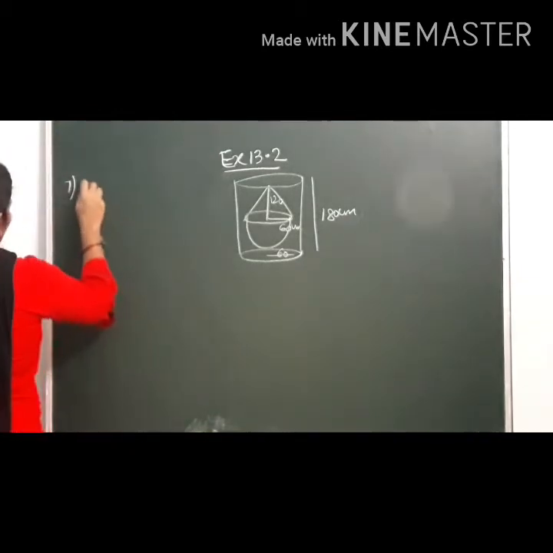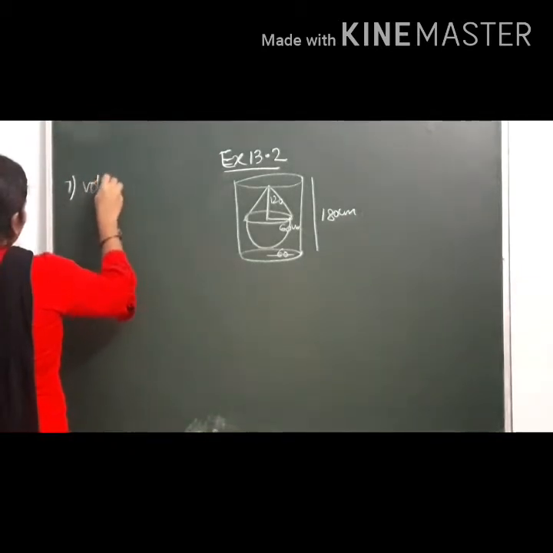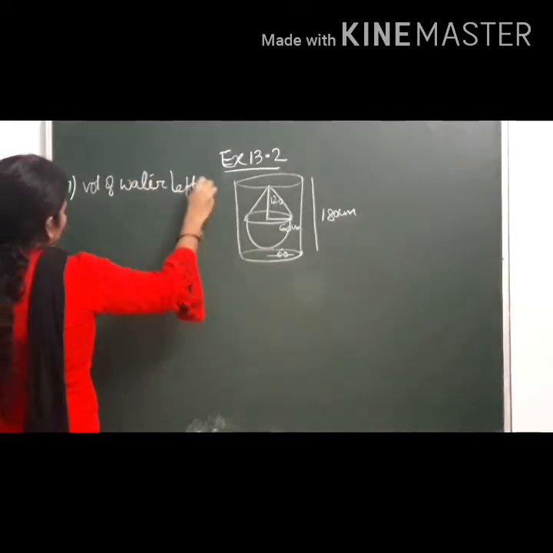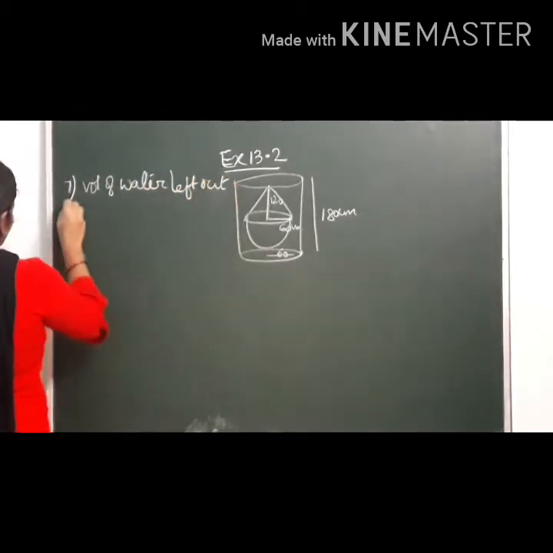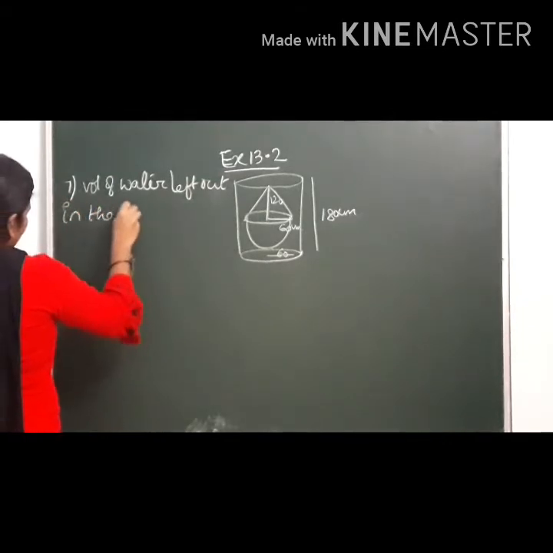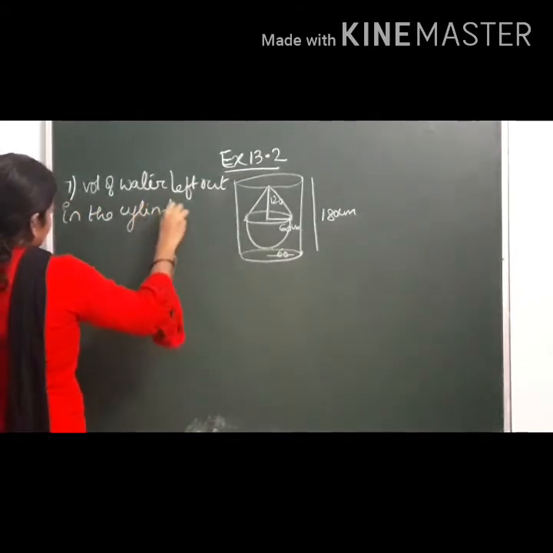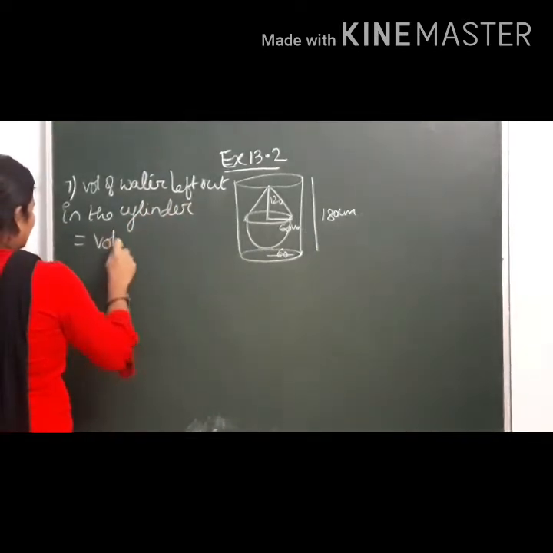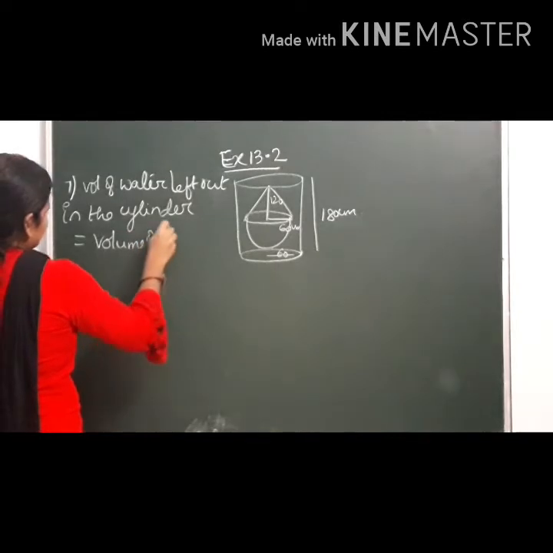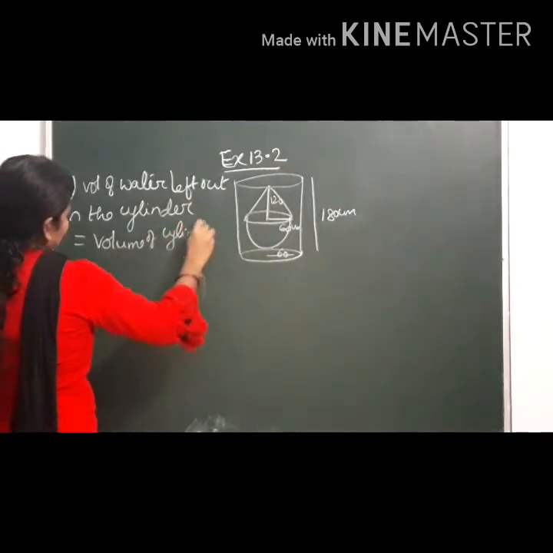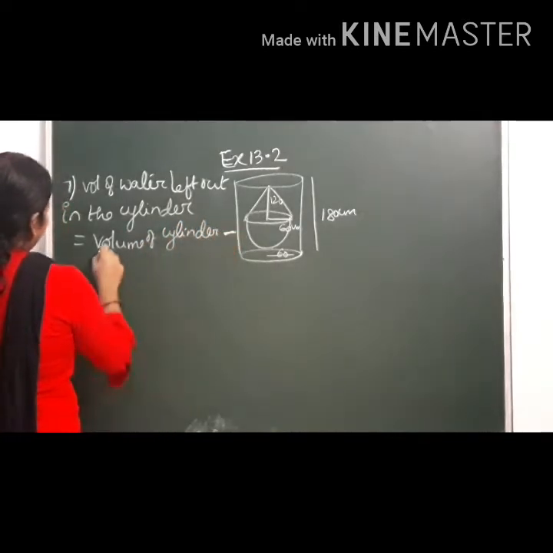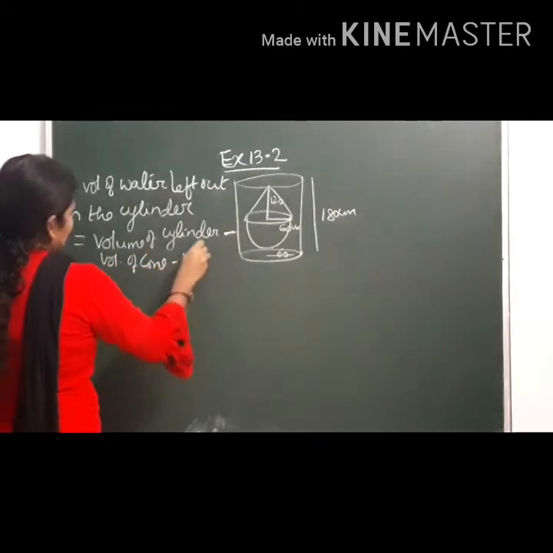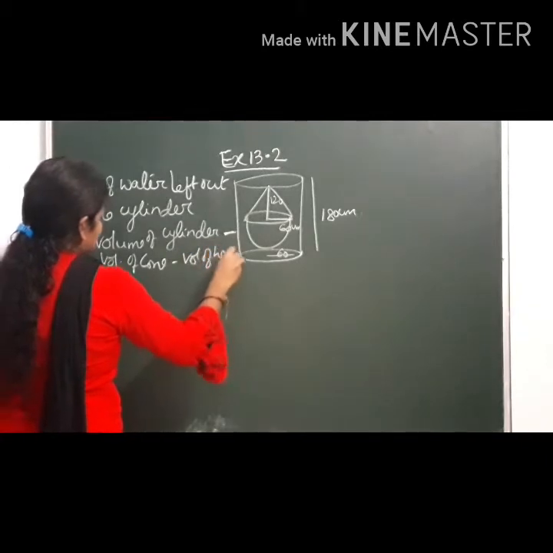The formula is volume of water left out in the cylinder equals volume of cylinder minus volume of cone minus volume of hemisphere.